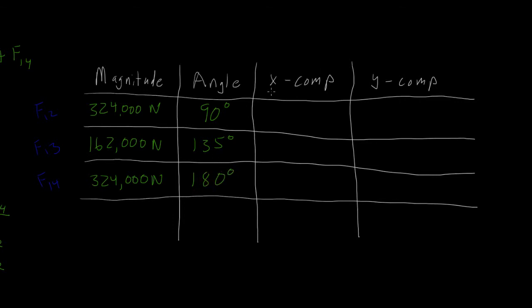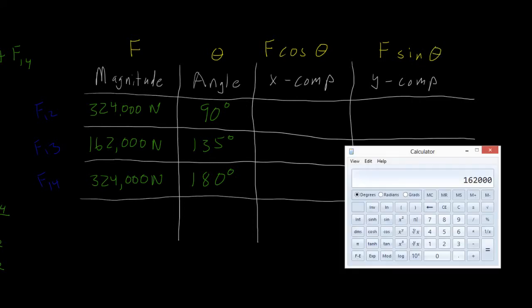So now what we need to do is calculate what is the x component of these forces and what is the y component. To do this, the x component is equal to the magnitude of the force times the cosine of the angle. So here's our angle, and here's the magnitude. And then the y component is the magnitude of the force times the sine of the angle.